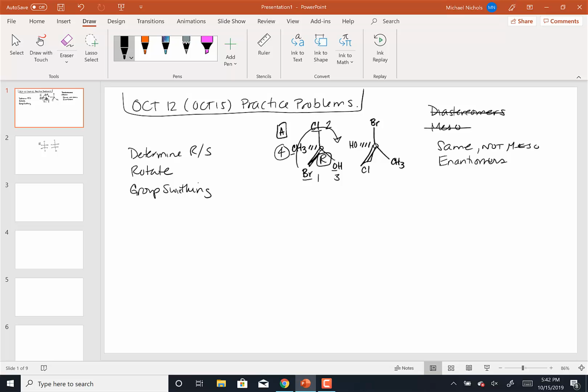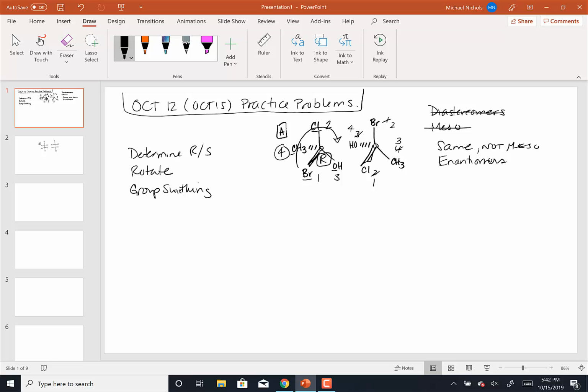Same thing over here. The numbers are going to be the same: number 1, number 2, and number 3 for the oxygen. In this case, I've got to put the 4th group away from me. I could just switch 4 and 3 if I want to use the group switching technique. And then I'll switch 1 and 2. So I've switched 2 groups twice. That means whatever I determine now is going to tell me the original problem's answer.